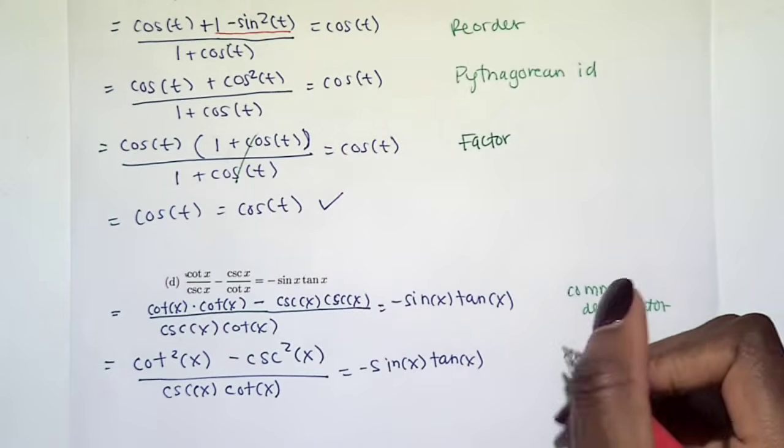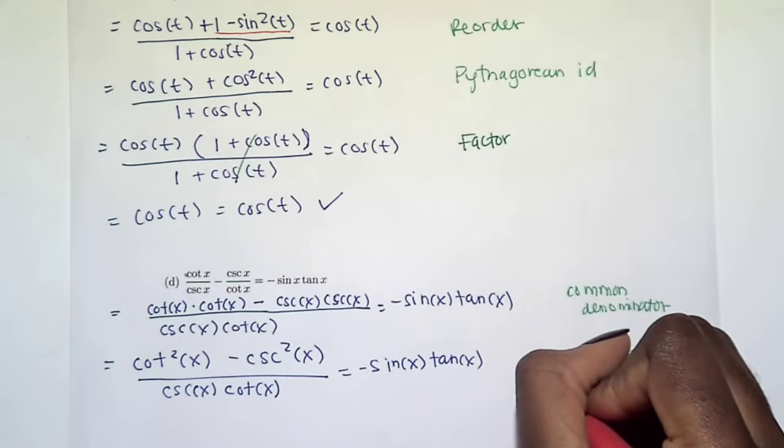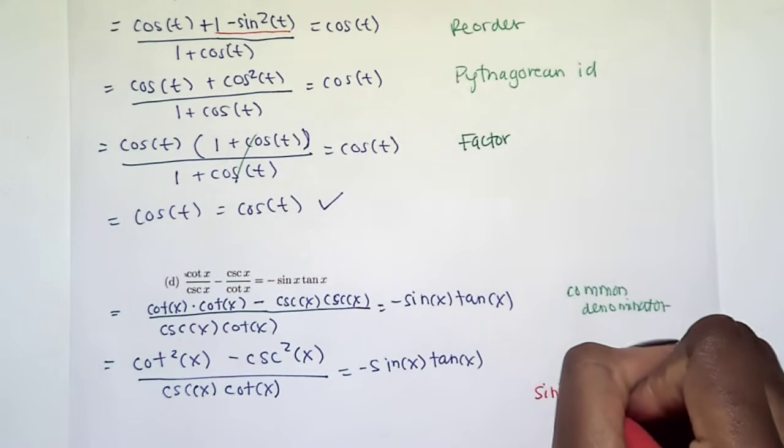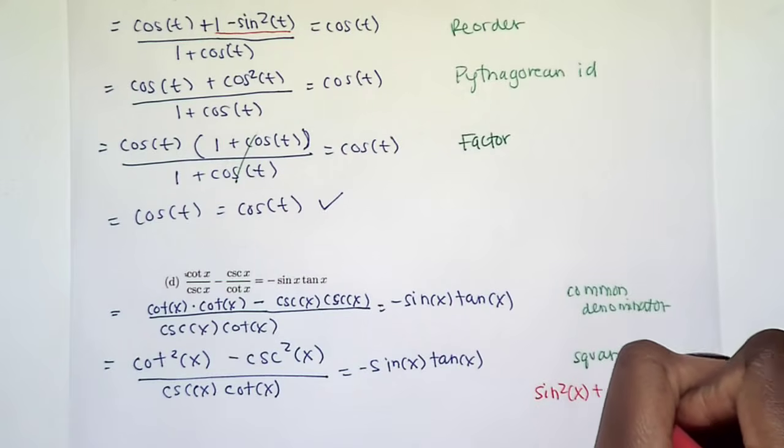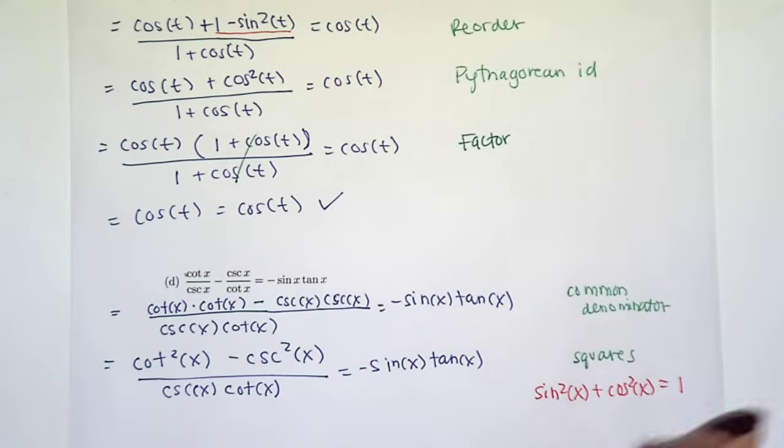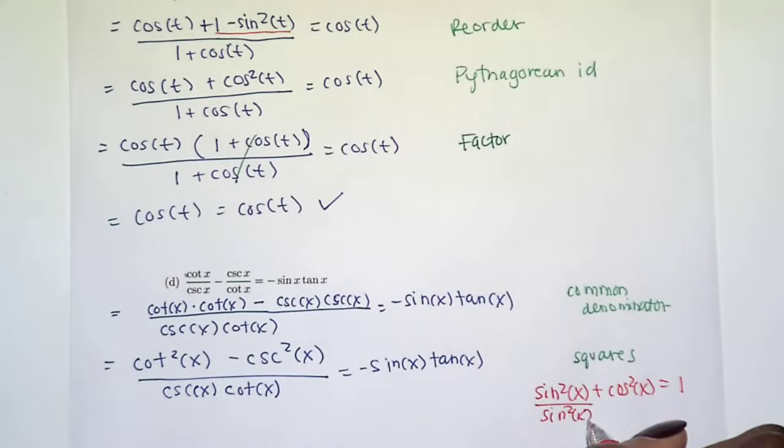So I always start with sine and cosine, so maybe sine squared x plus cosine squared x equals 1. I want to get cotangent and cosecant. What do I need to be dividing by to do that? Sine. So I'm going to divide by sine squared x everywhere.